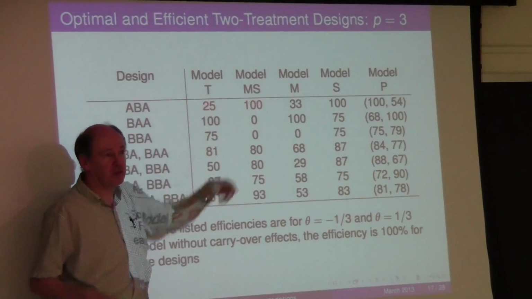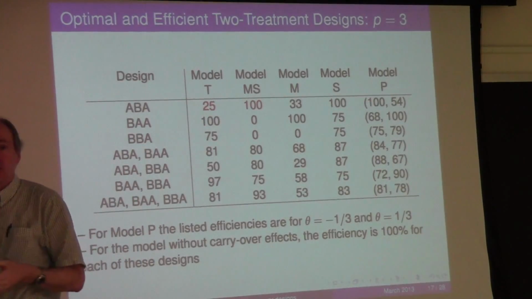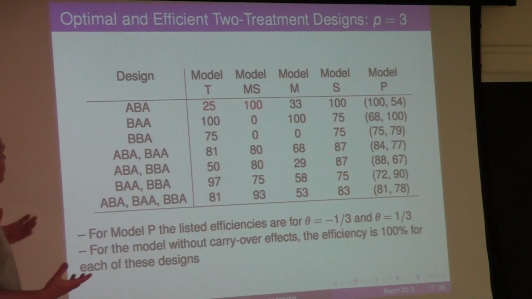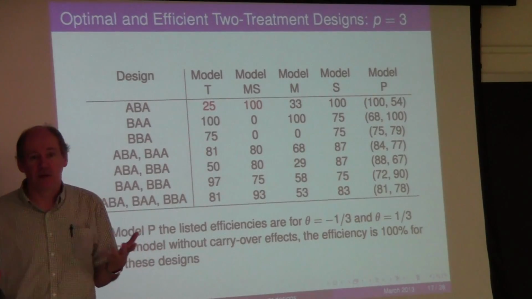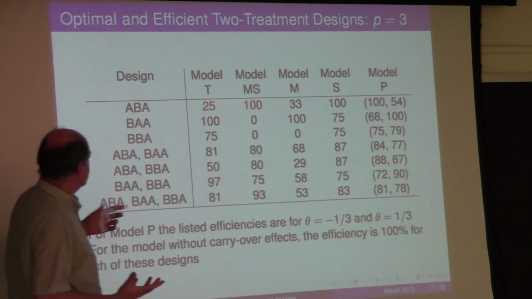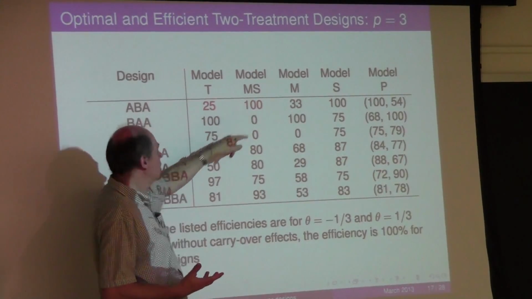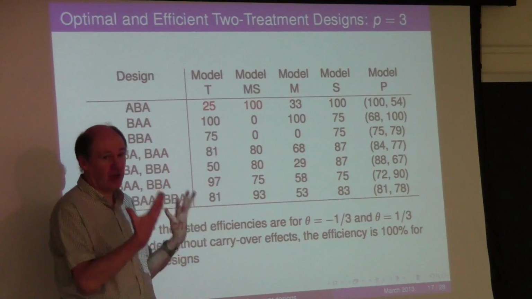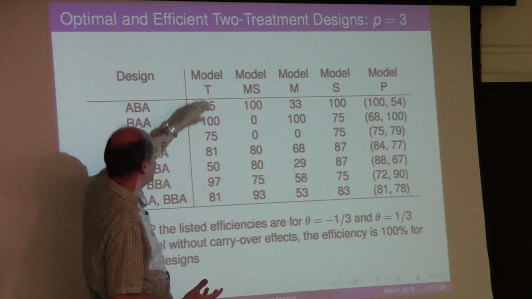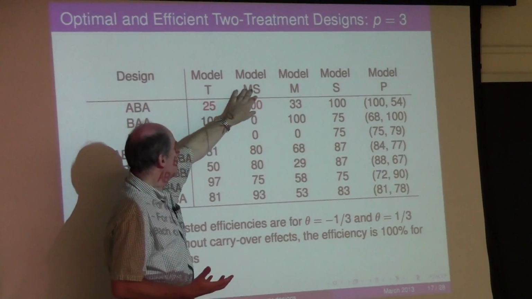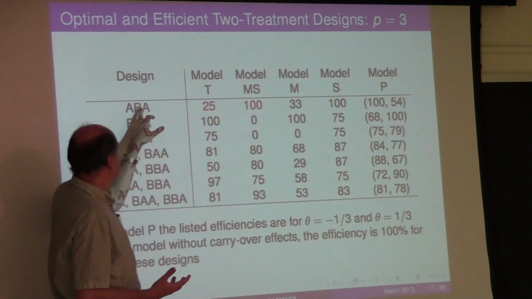There's only one type of carryover effect, just as there is on the traditional model. So then why is it that I get a number of 25 here and a number of 100 here if what is actually estimated for tau A minus tau B is exactly the same under this model as it would be under this model for this particular design?